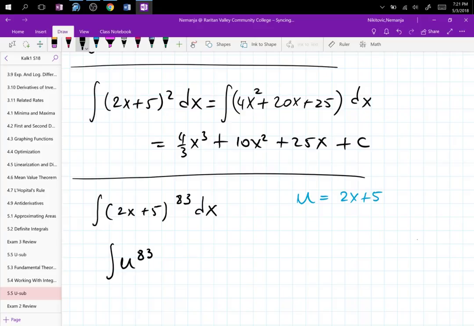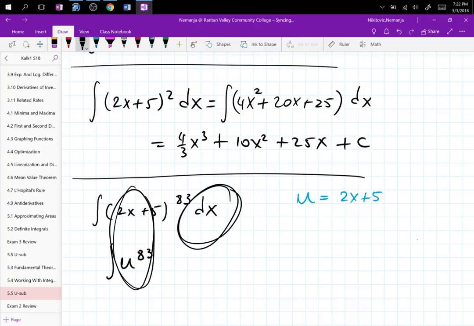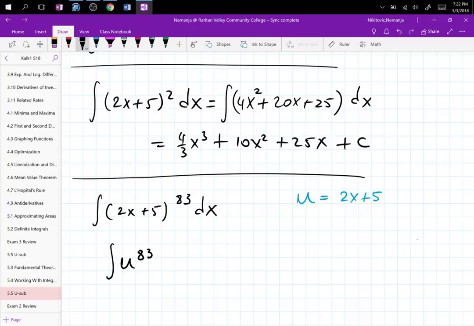But now this comes at a cost. Because what you are doing is you are transforming the integral that was in terms of x into integral that is in terms of u. So you are changing the domain. Domain used to be in terms of x, now it's in terms of u. This is transformation. So now, if you are transforming this x into u, well, then you have to also transform this dx, because your new integral has to be du.